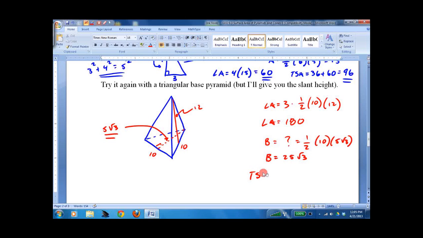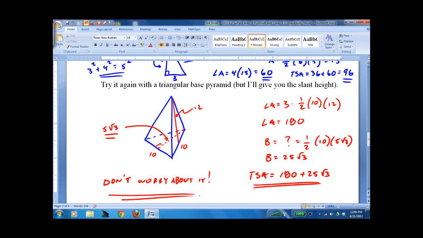And the total surface area, you can't add them together because the one's got a √3 in it. We're not going to do this, so don't worry too much about them. Worry about your square pyramids. Triangular base pyramids are pretty rare. But I thought I'd throw that in there for someone else who might be watching the video.